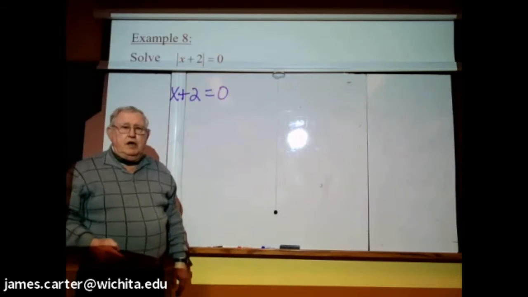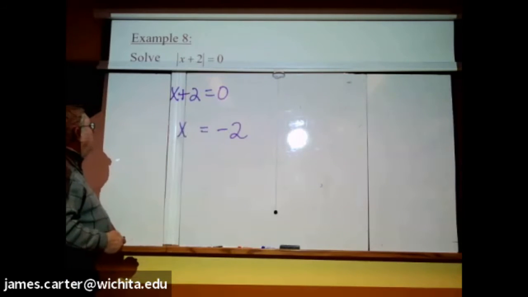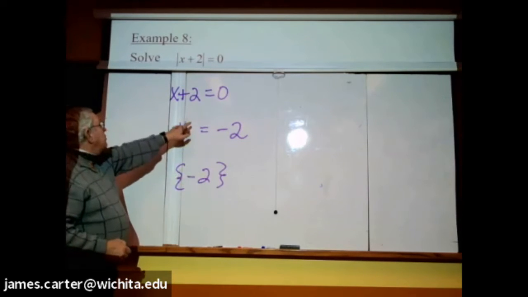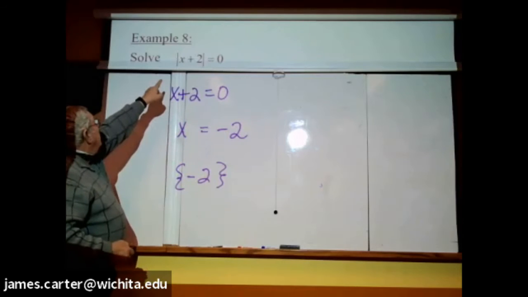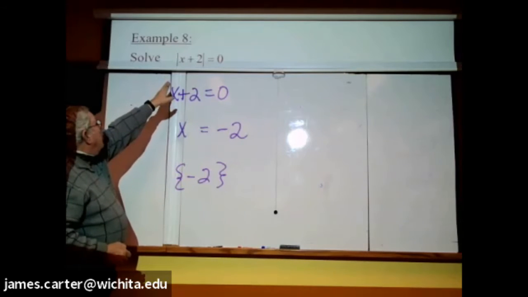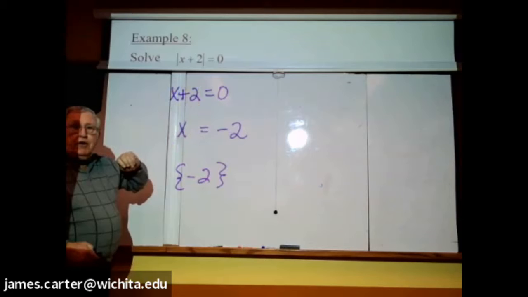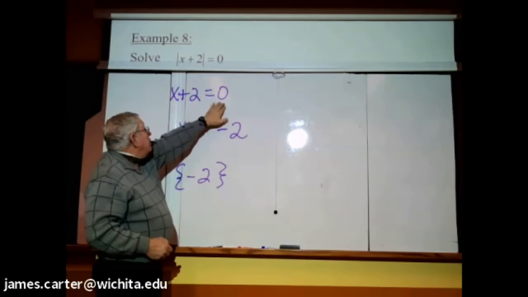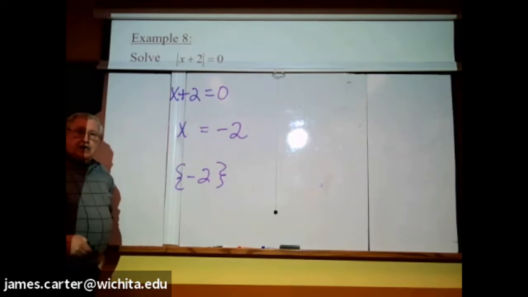So we've only got one equation this time, and x equals -2. Well, that does give us a valid answer, because we can test this. -2 plus 2 is 0, and the absolute value of 0 is 0. So if this is 0 over here, you can get a valid answer.